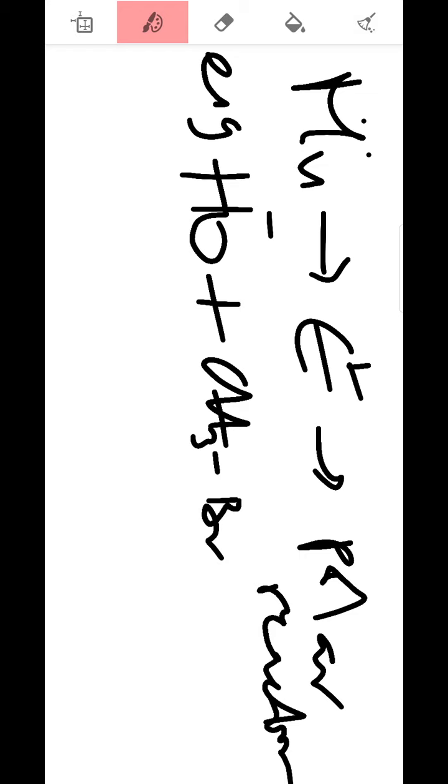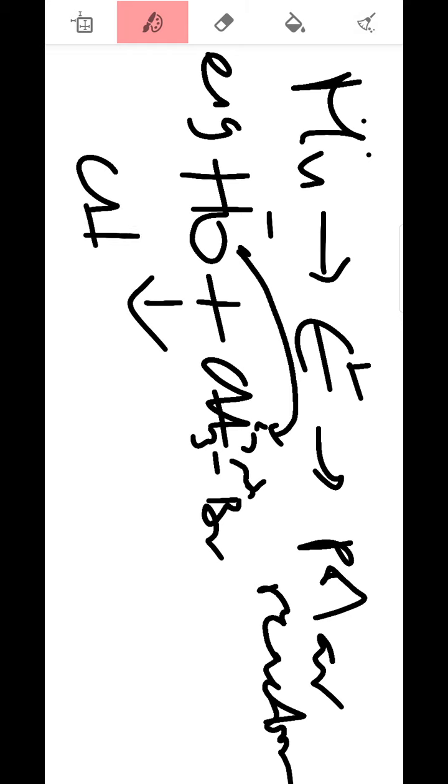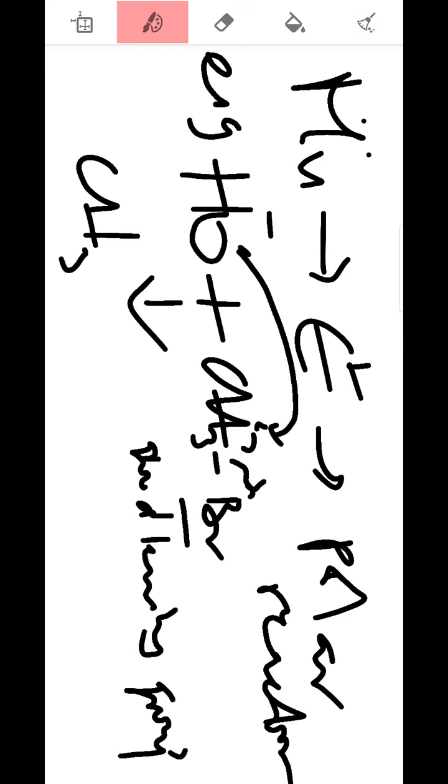Upon this reaction, the nucleophile, after sharing of electrons here, this OH will attack this carbon. You understand now? And upon attack, there will be substitution of Br. So the final product will be CH3OH, because Br is a good leaving group and OH is stronger compared to Br.